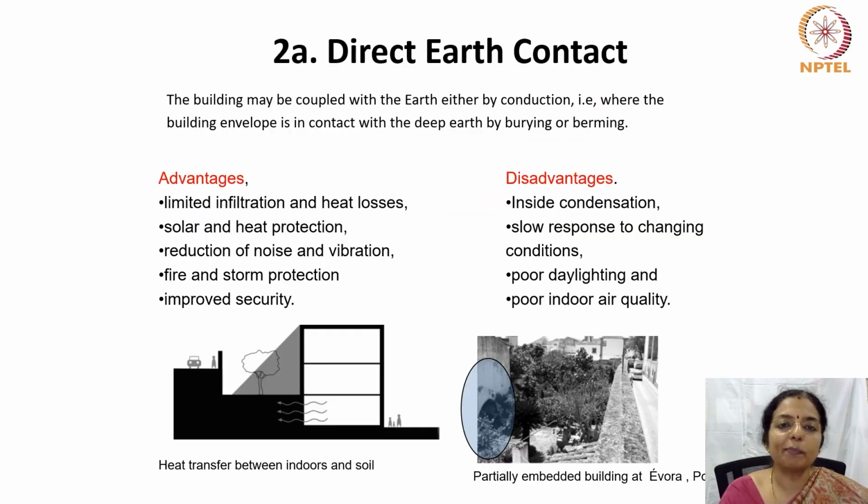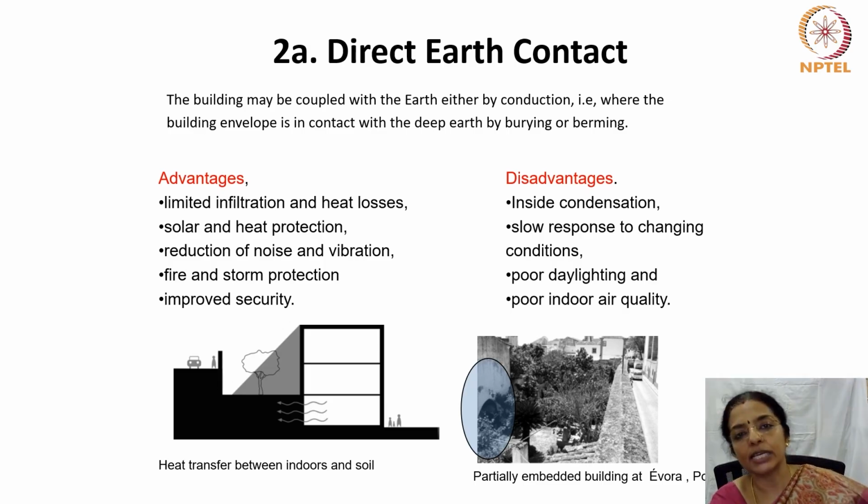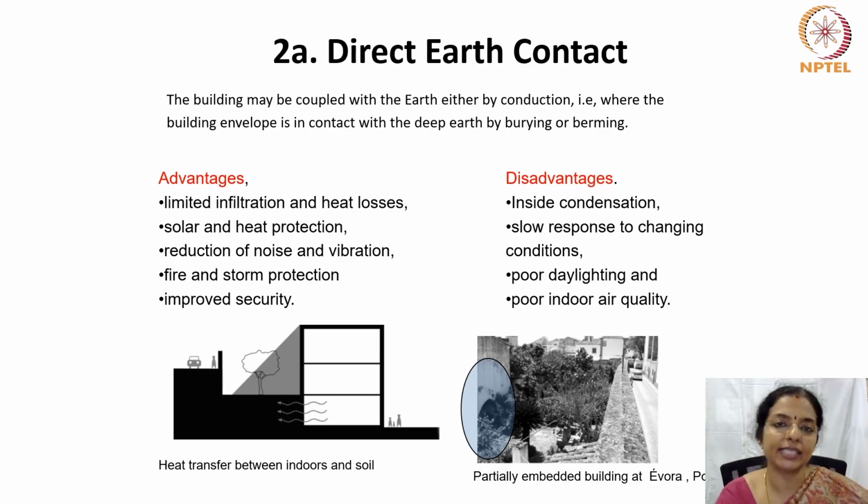I will just briefly tell you about the direct earth contact, because I have told you already we have seen this in earth berming as a separate technique. But since it's the same principle, I have included a little bit of it. In this case, the building is coupled with the earth.